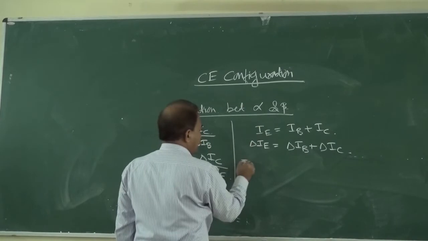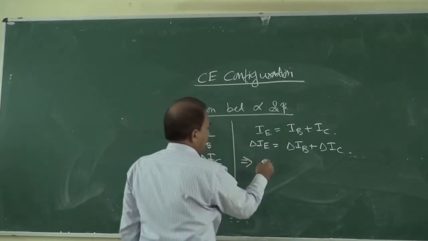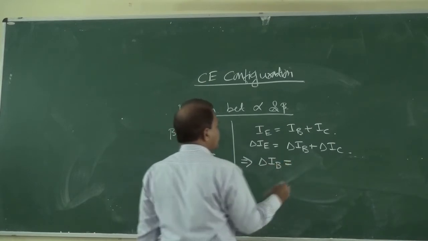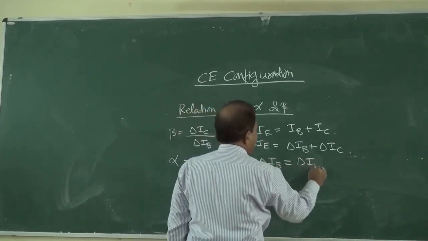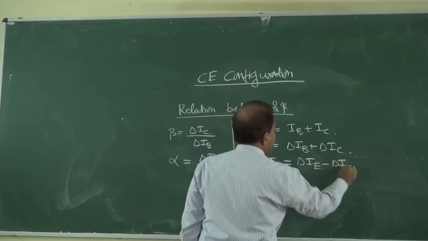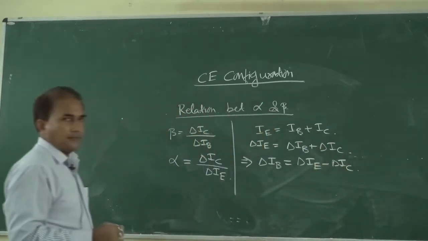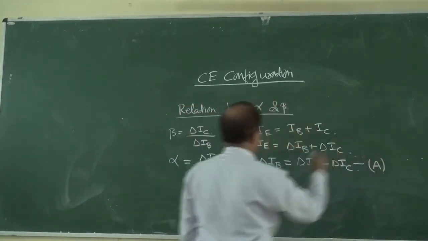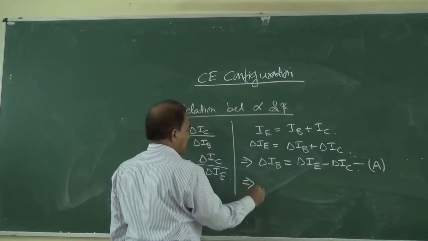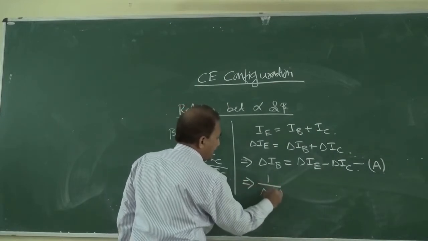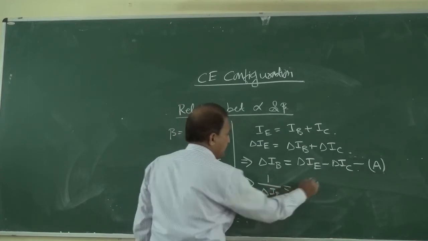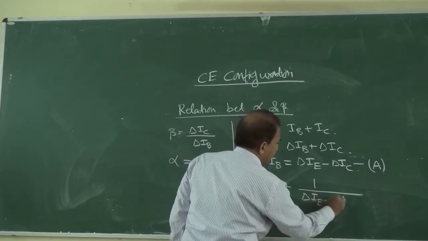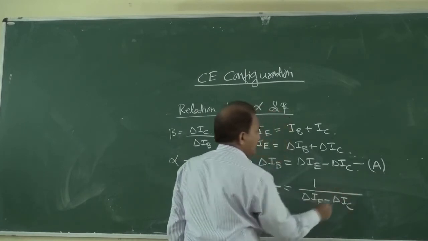Now from this equation we can write del IB is equal to del IE minus del IC. This is equation A. Now 1 by del IB is equal to 1 divided by del IE minus del IC.